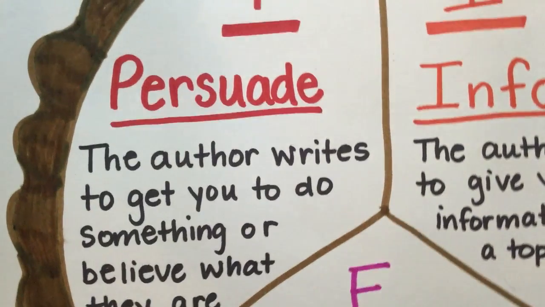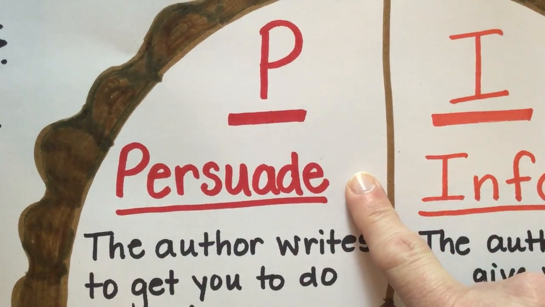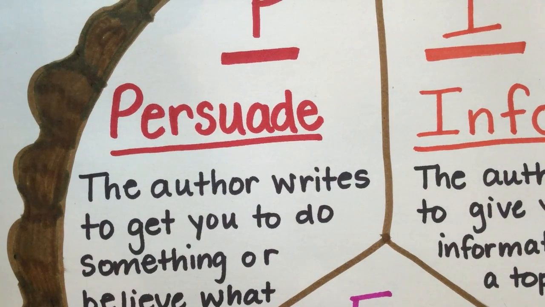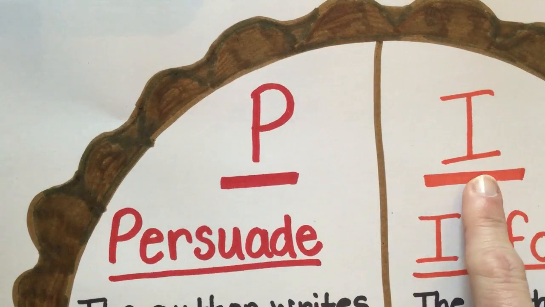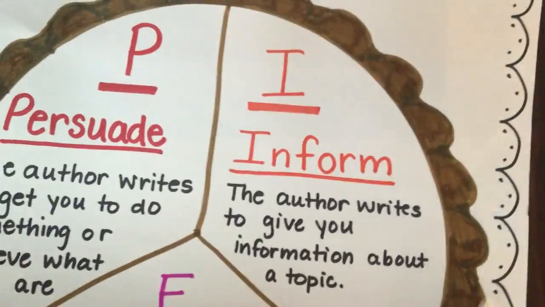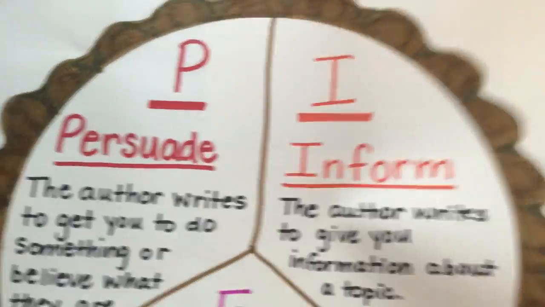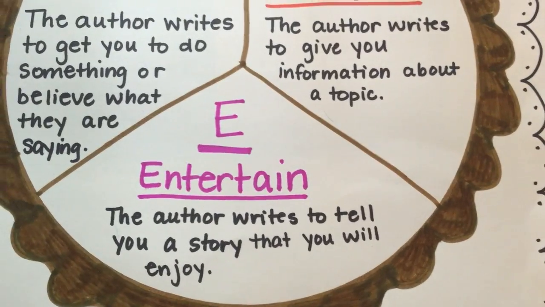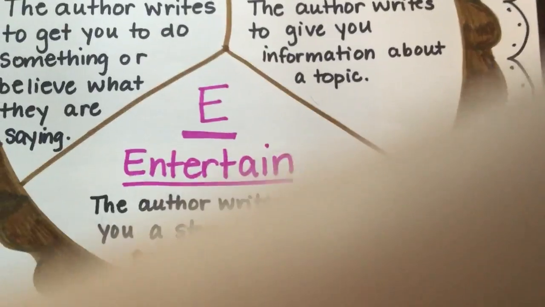And then the PIE stands for P for persuade. Remember, the author's trying to get you to do something or trying to talk you into something. We have the I, which is inform, where the author is trying to give you information about a topic. And then we have E, entertain, where the author writes a book to tell you a story that you will just enjoy.